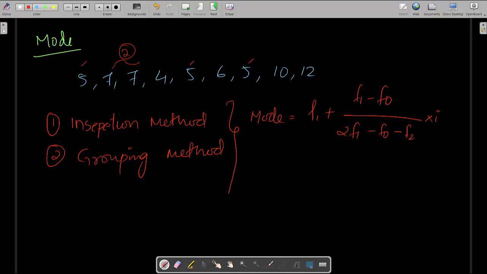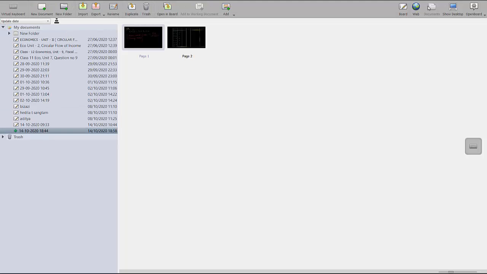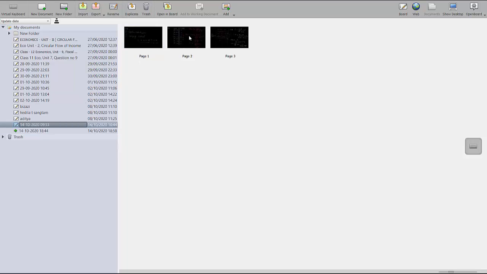Now again, let me show you an example of what is f1, what is f0, what is 2f1, what is i, and what is L1. For those who have attended my class today, I'm sure you are aware of it. We have calculated a few sums based on that.